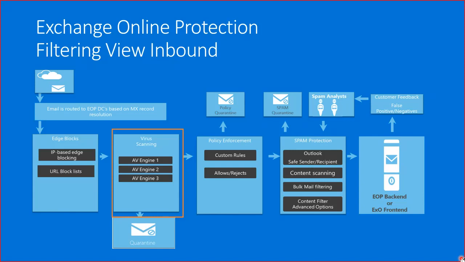At any point in time, we use three anti-malware engines to scan messages. One of those is the Microsoft engine, and then we have other partners whose engines we use. So every message is scanned by three anti-malware engines. If the message is clean, with no malware, it moves forward. If it is not clean, it gets quarantined.